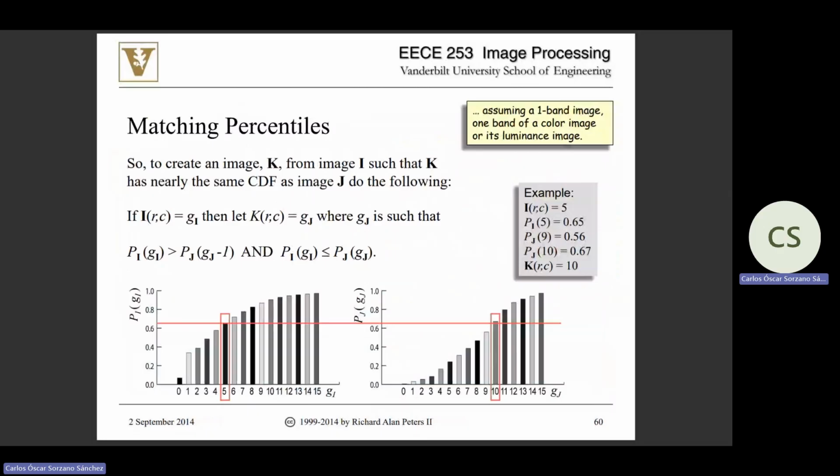So it is larger than 0.6, but 0.65 is smaller than this one, let's say 0.66. So you have to find this GI and this GJ that fulfill this condition. Then this value will be substituted by that, and that is your lookup table. Once you have the lookup table, you simply apply it. Any question on this one?